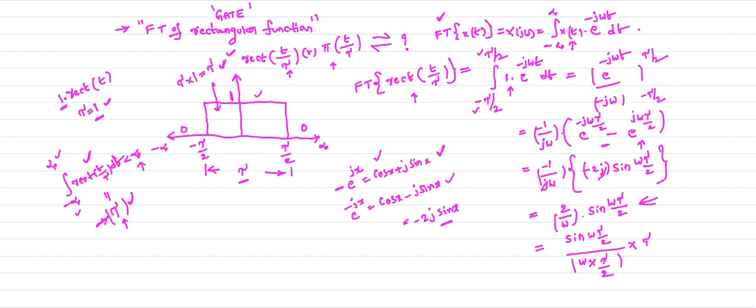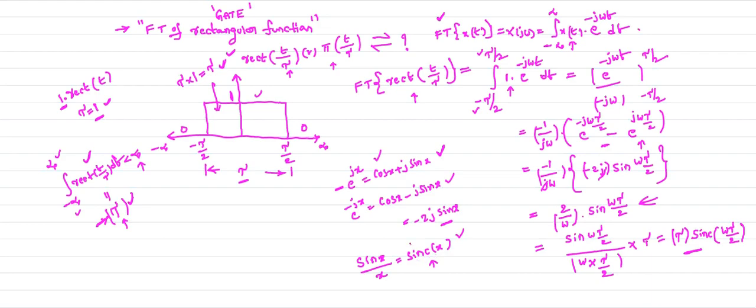Now how can we write this expression? Sin x by x is your sinc function. You already know the standard signals; in the standard signals I already covered the sinc function.